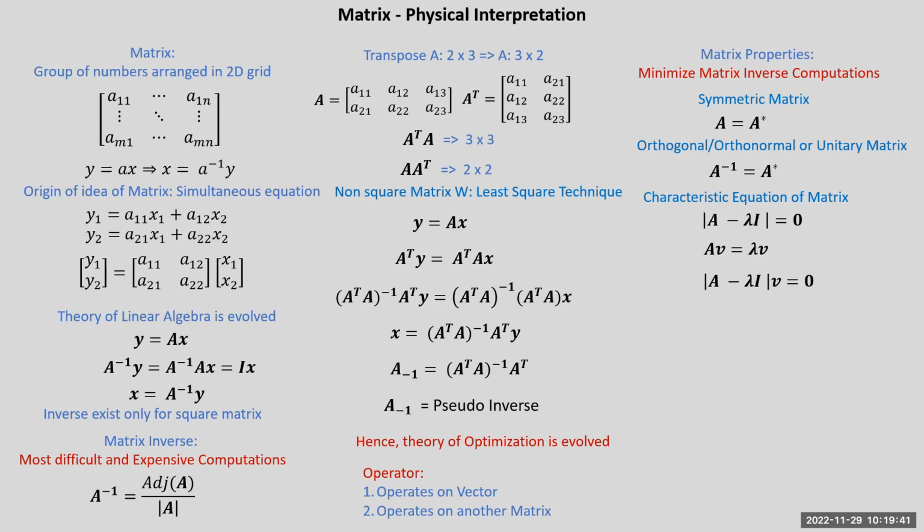For every eigenvalue you'll get one vector. So if there are n eigenvalues, you'll get n eigenvectors, and if you stack these n eigenvectors in a horizontal fashion, then you'll get an eigenvector matrix, which is also known as the principal component analysis of a matrix A.